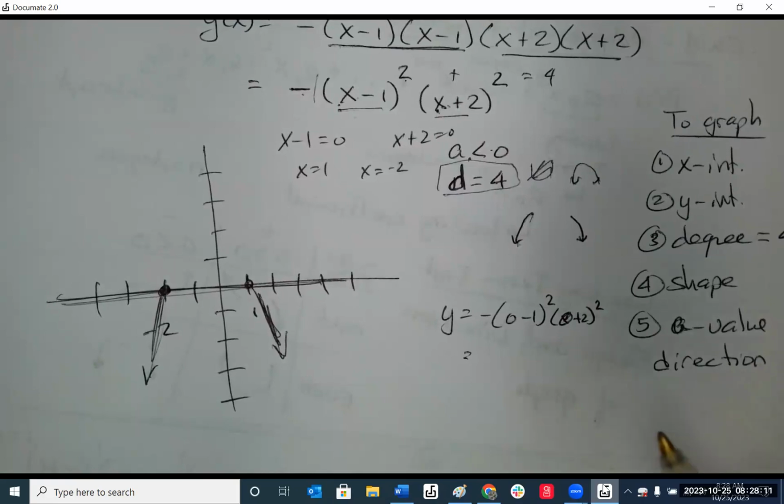What do you get? 0 minus 1 is negative 1, squared. 0 plus 2 is 2, squared. Negative 1 squared is 1. 2 squared is 4. 1 times 4 is 4. So the y-intercept is at negative 4.